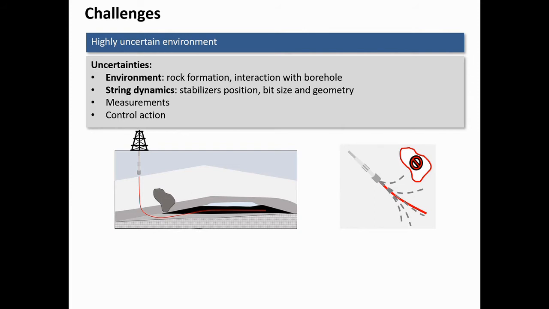We have hundreds of meters of string, and how the string will react to the control actions will depend on its geometry and also on the geometry of the bit. The uncertainty comes also from measurements. In particular, azimuth measurements are particularly noisy, and the uncertainty can also affect the control actions.